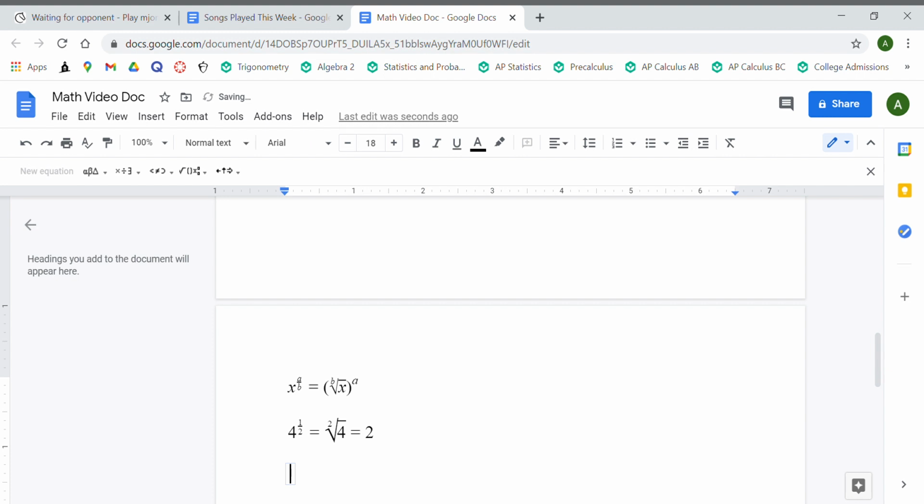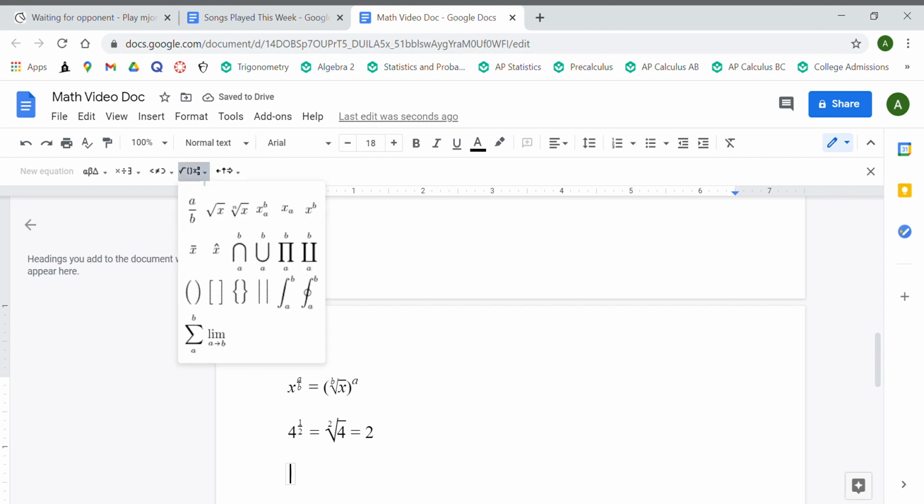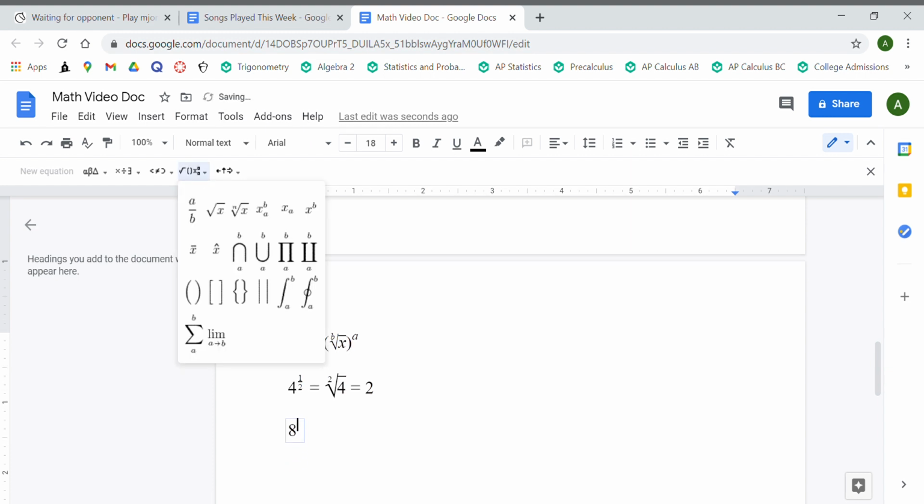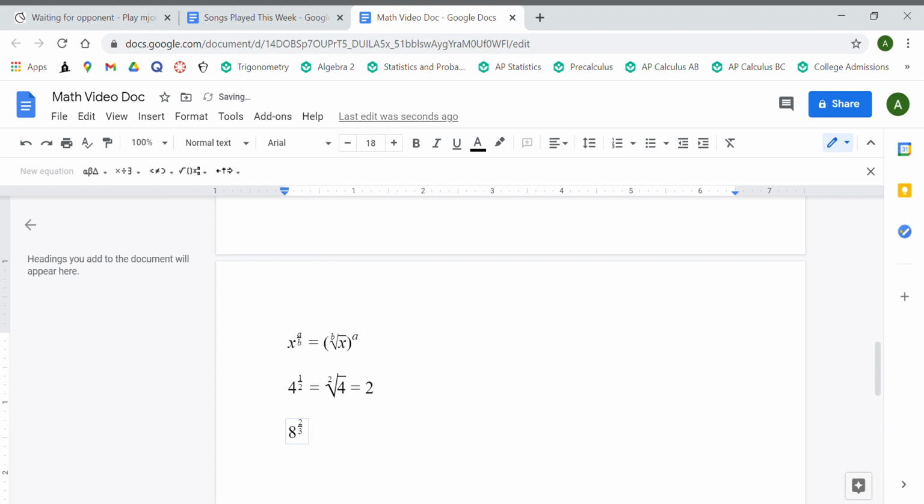Now, let's try this. Eight to the power of 2/3. What is that? Well, let's convert it to radical form first. So, as you can see, our b value is 3, so it's going to be cube root.